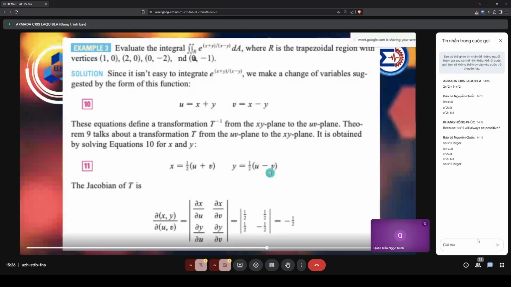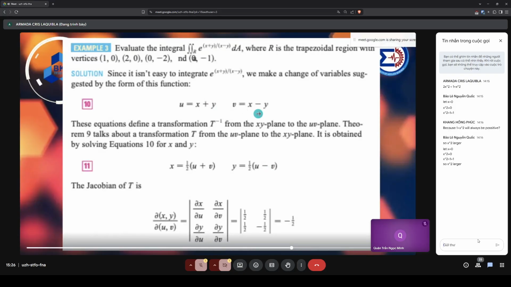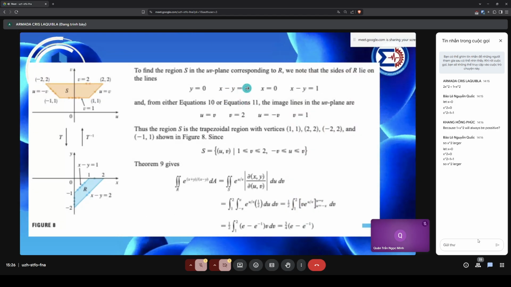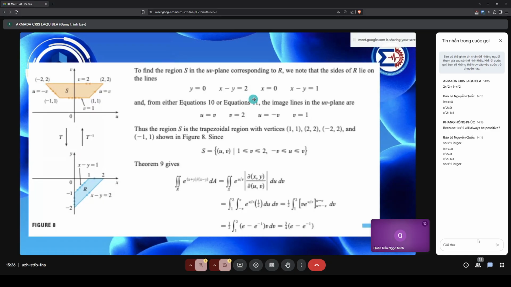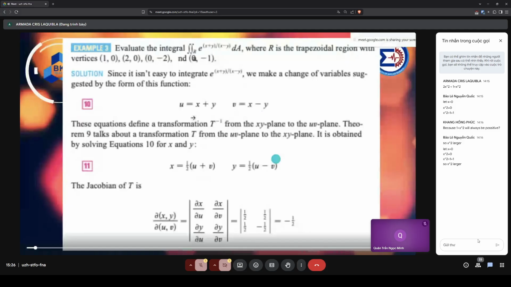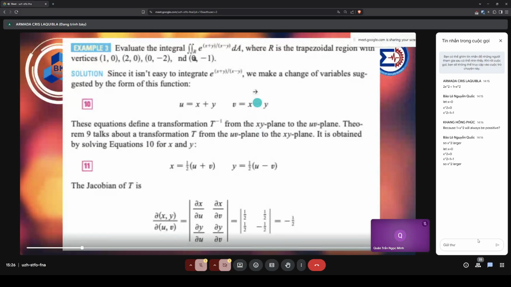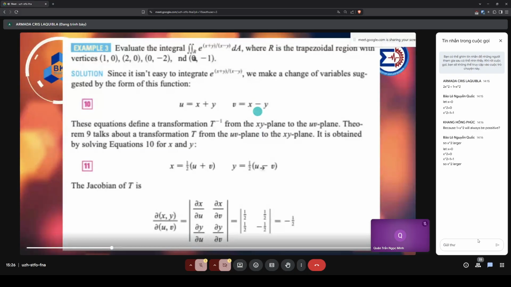And that's it. Also, you can use the other ones. It's fine because you can see it later. Next, your x minus y is equal to 2. So this is easy if we use the equation number 10. Since your x minus y here is equal to 2, so your v equals 2. And that's it.